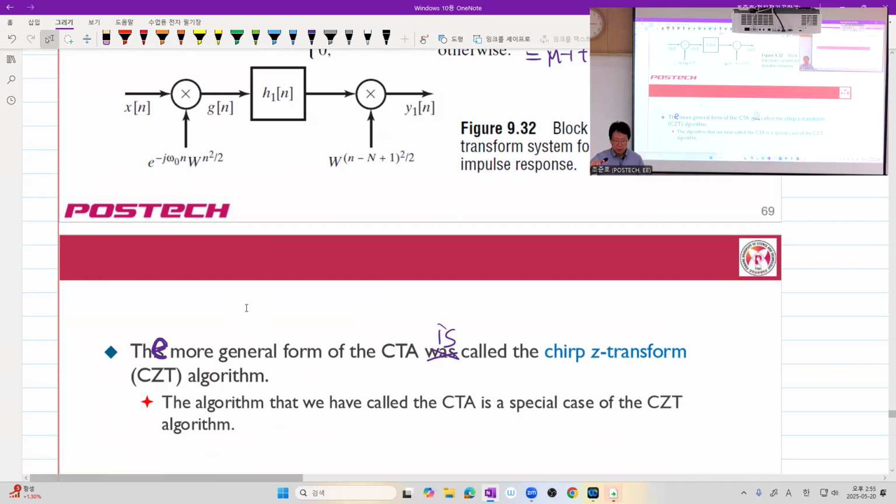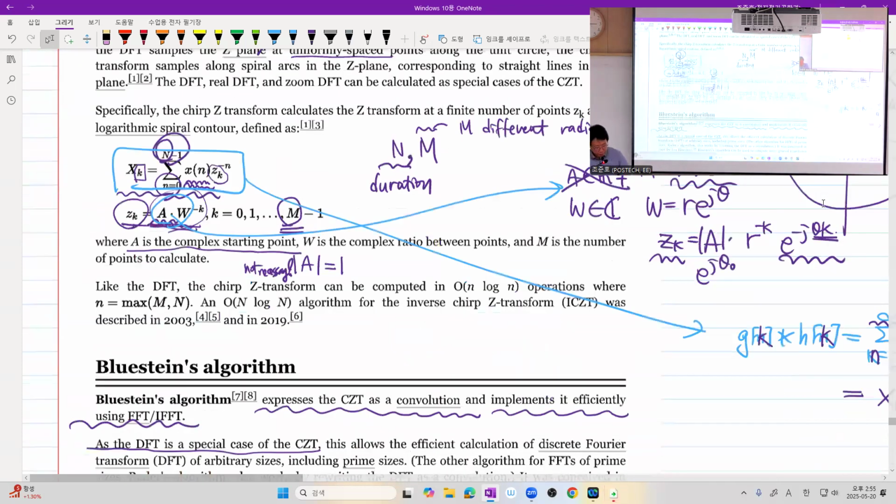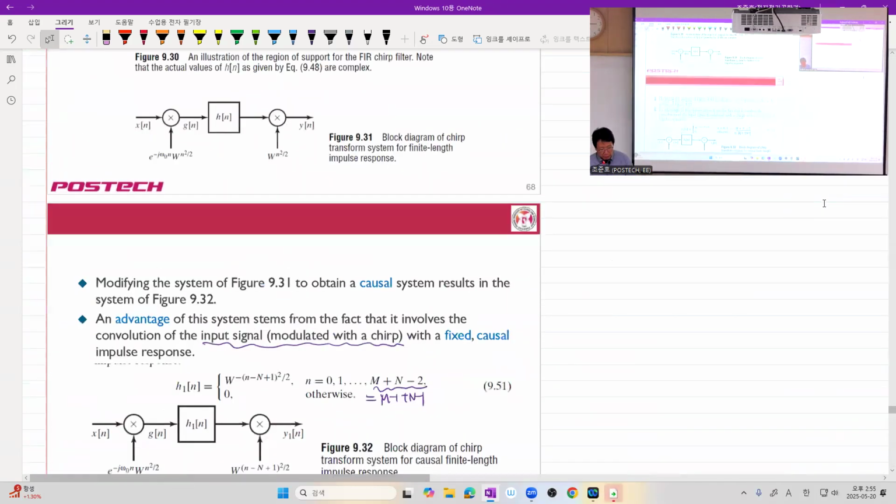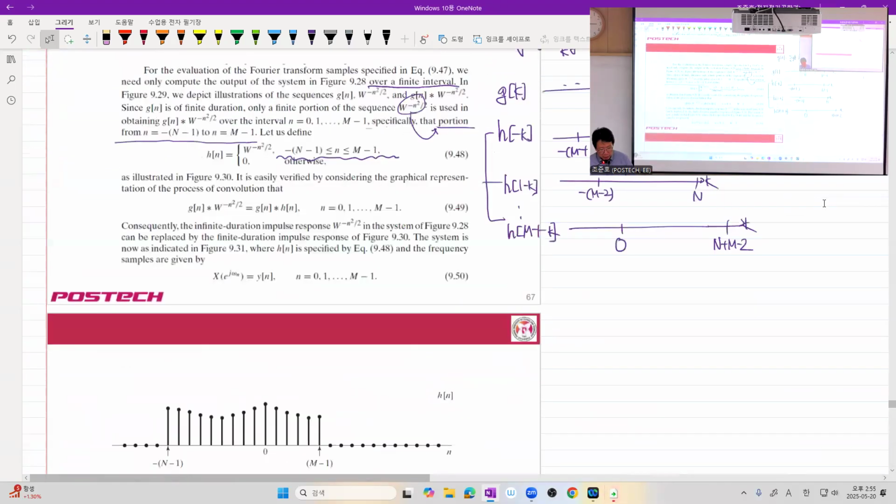If you continue your career as a communications engineer in this era of high mobility, high-speed trains, high-speed drones, high-speed satellites, probably you will confront the chirp transform or something related again in your near future. Anyway, this is the main idea.